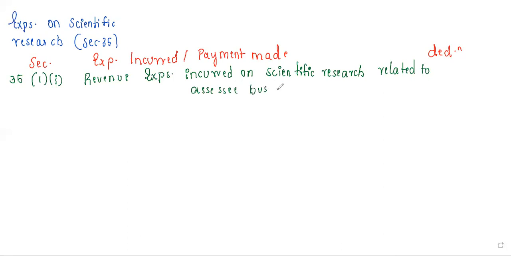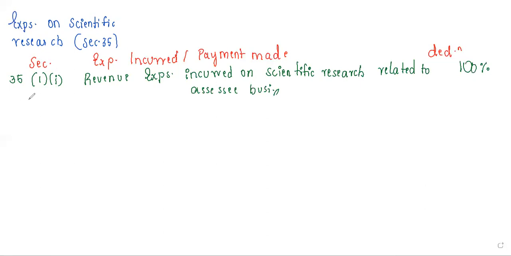So the assessee is doing some business, and for that business, the assessee is incurring some revenue expenditure. Revenue expenditure is that expenditure which is recurring in nature. If he is spending that expenditure on some scientific research, then the allowable deduction is 100%. Okay, and then we have the next section here.